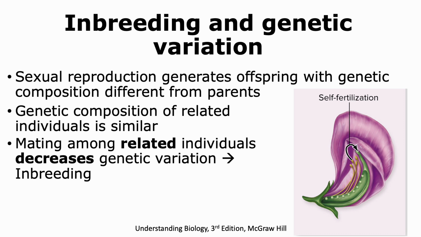We are able to see inbreeding in different organisms, especially those that are hermaphrodites, which means they have both male and female sex organs. Such organisms are able to undergo self-fertilization, and thereby the genetic variation among the offspring is really not that much. Hence, inbreeding is known to decrease the genetic variation in a population.